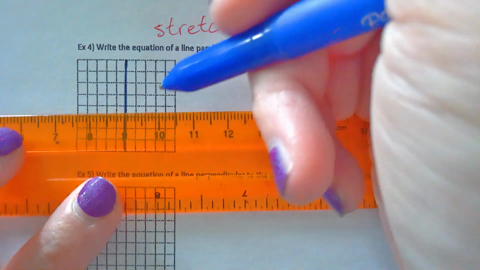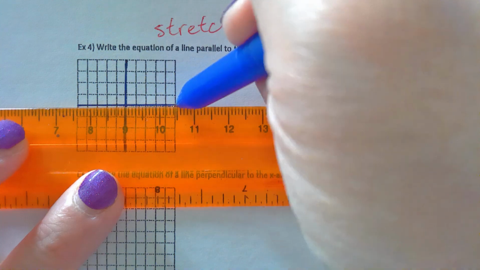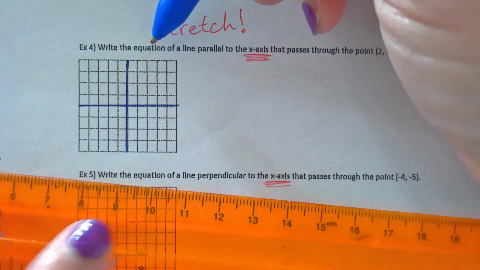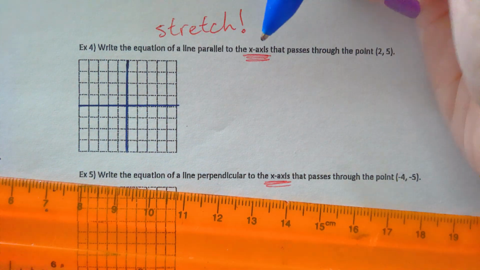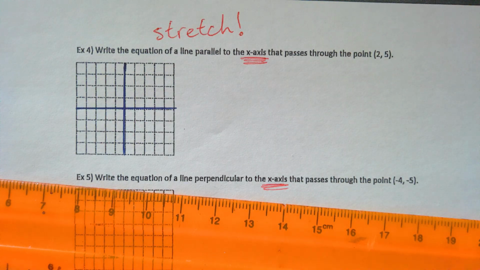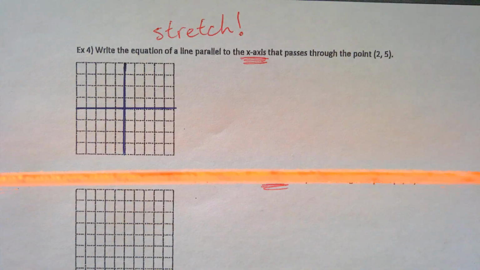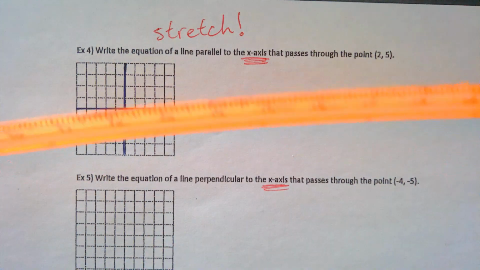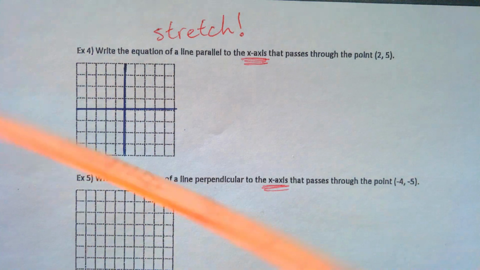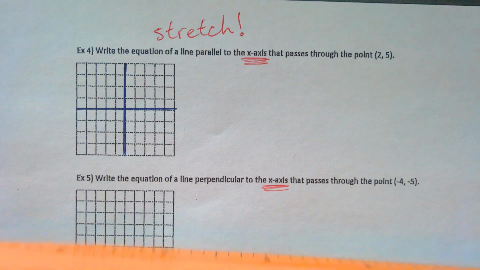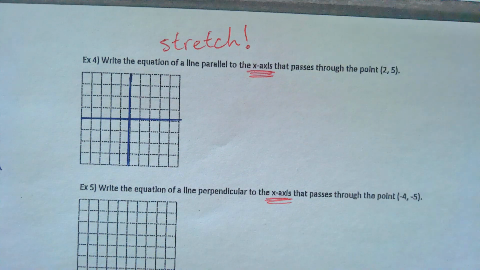Let's say that's my axis right here. I want to write an equation that is parallel to the x-axis. So am I talking about a horizontal or vertical line? Parallel to the x-axis, so it is horizontal. So a horizontal line that goes through (2, 5).